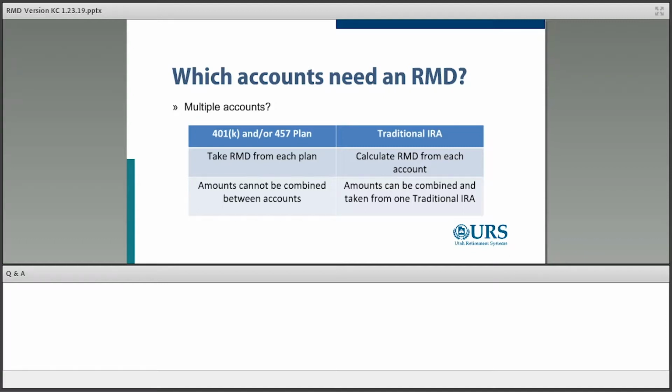So the IRS requires that you calculate a minimum required distribution from each of those accounts if you have several different traditional IRA accounts. However, the total minimum distribution for the IRA accounts can be taken from just one of the IRA accounts.